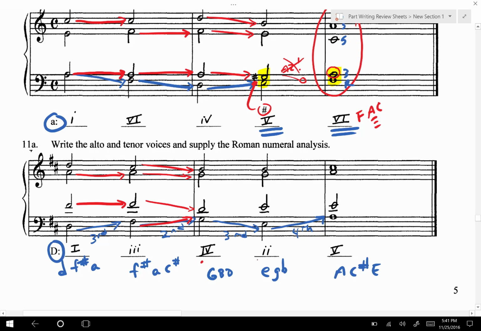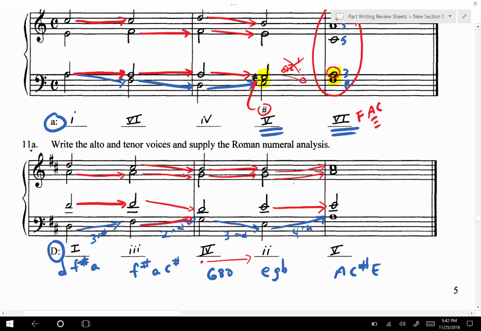From the 4 chord to the 2 chord, the bass moves by the interval of a third. Retain the common tones in the same voice, move the other one to the nearest chord tone to complete the triad. And from my 2 chord to my 5 chord, the bass moves by that of a fourth. You'll have 1 common tone that can be retained, in this case in the tenor, and move the other voice parts to the nearest chord tone.